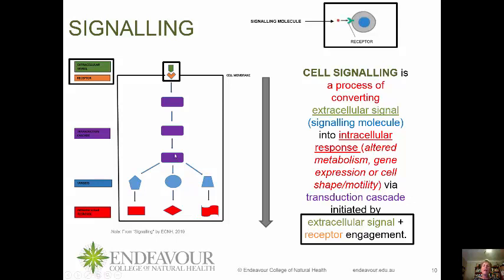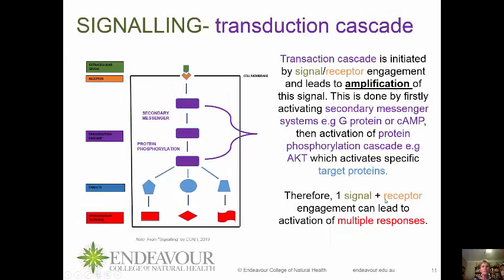Then what it ultimately ends up in is an intracellular response, which are these red responses here. The transduction cascade is initiated, as we've said before, by the signal receptor engagement, which is this area here, and it leads to amplification of the signal.